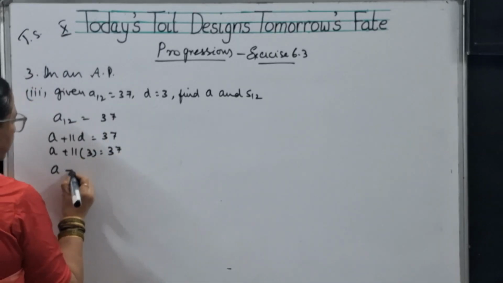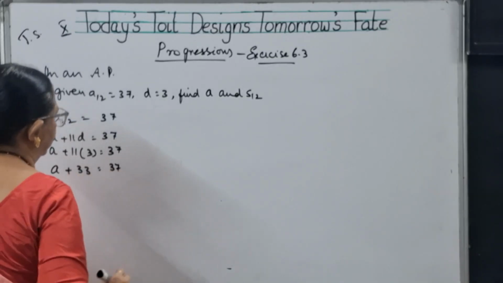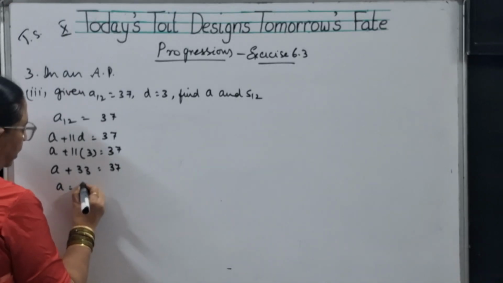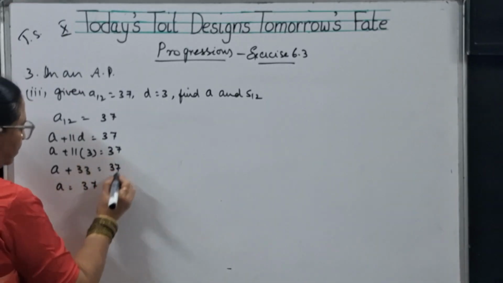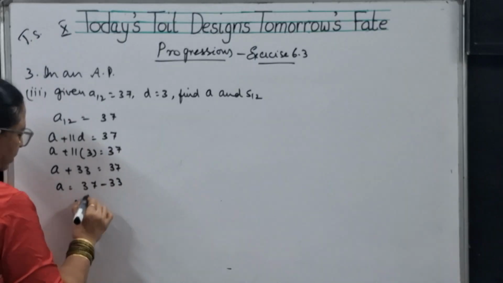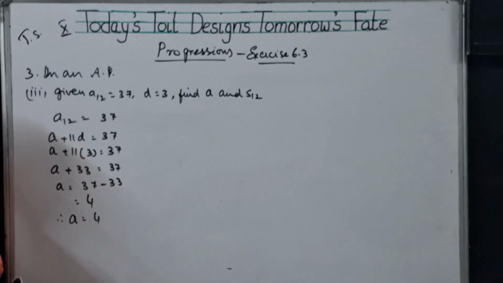That means A plus 33 is equal to 37. Now we need to find out A. A is equal to 37 minus 33. That is 4.